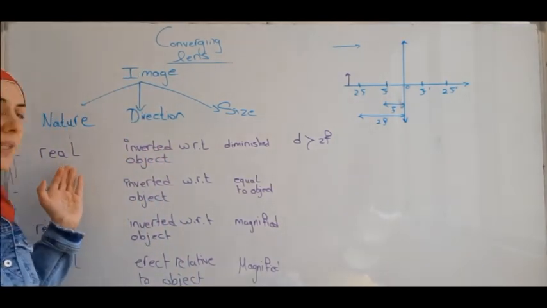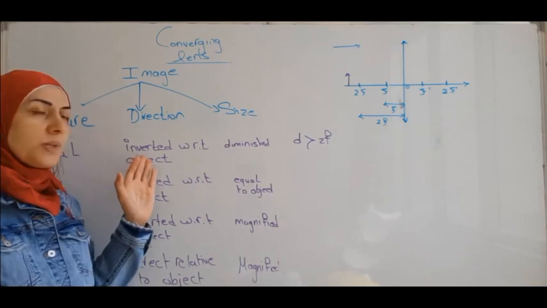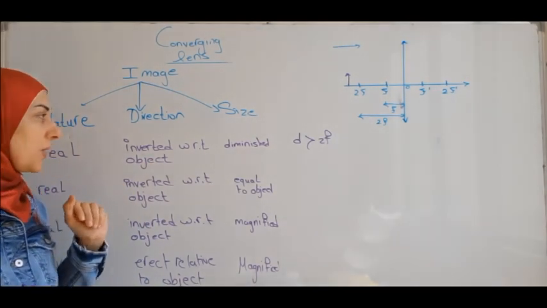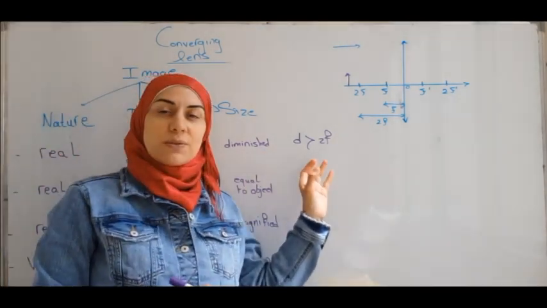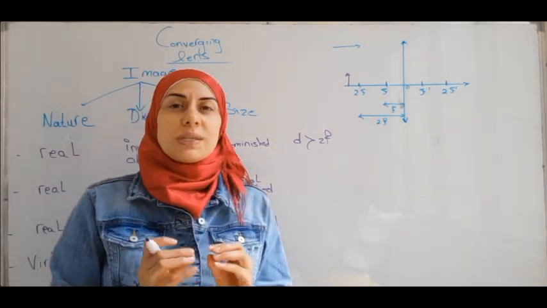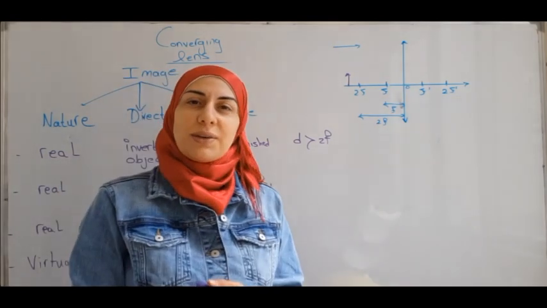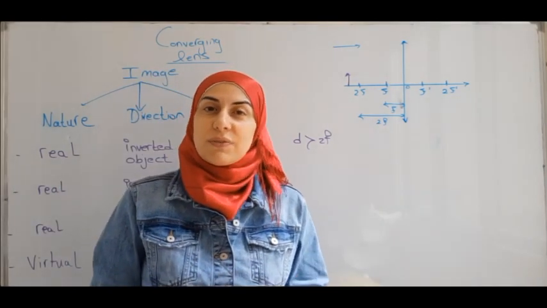A real image is an image that can be collected on a screen. The real image is always inverted with respect to the object. In this particular case, if d is greater than 2f, you obtain a diminished image. A diminished image means that it is smaller in size than the real object. A good example of this case is the lens of a camera.